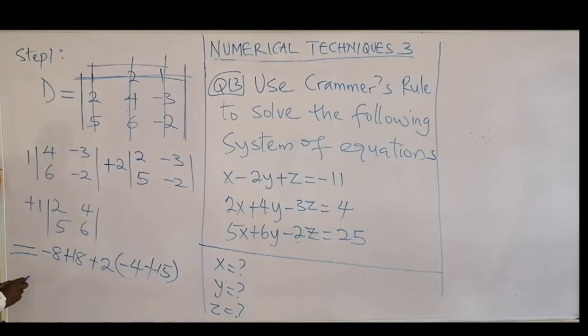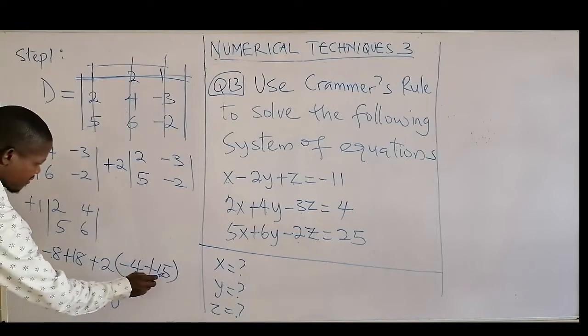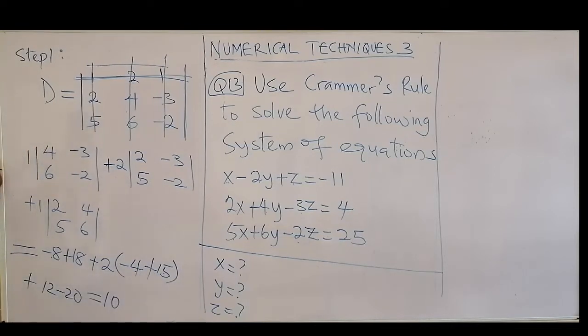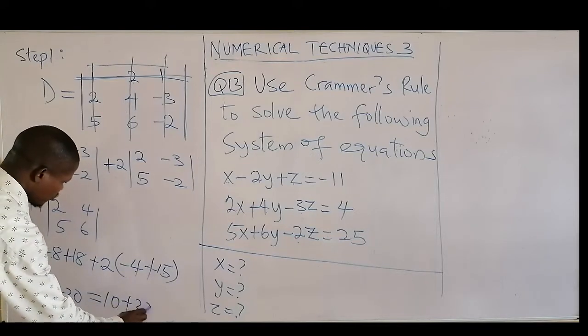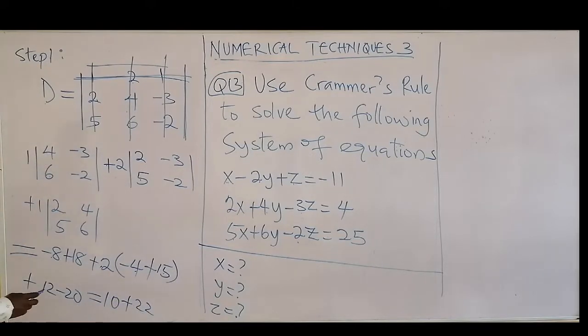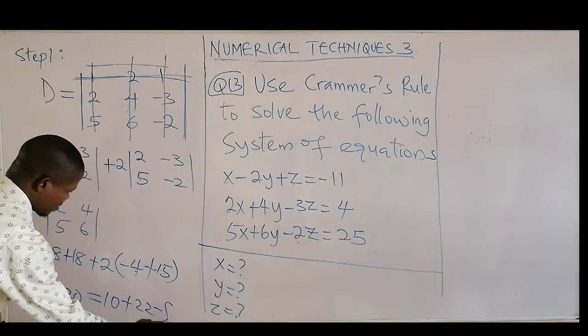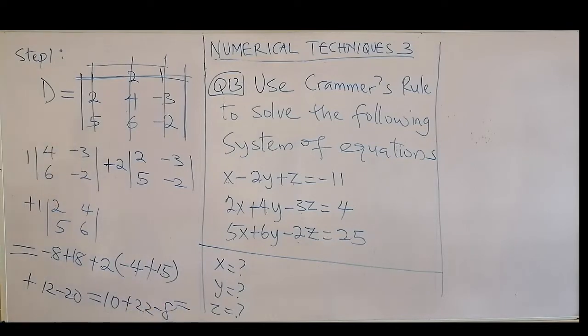Then the last one will be plus this one times this one, that's 12 minus 20. So I have -8 plus 18, that's 10. Then we have -4 plus 15, that's 11 times 2, that's 22. And then 12 minus 20, that's -8. So let's get the value of that. The determinant is 24.